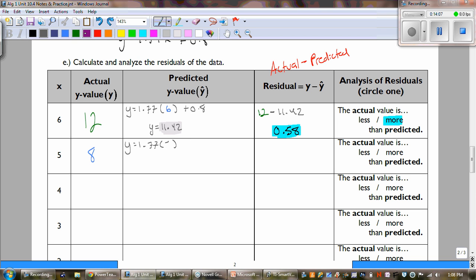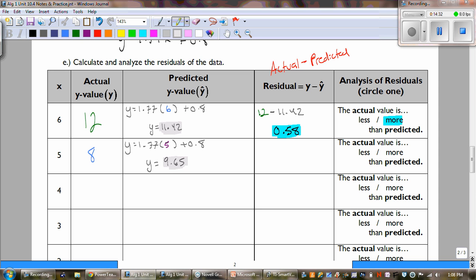Oh, let's do a different color so we know that's what we're plugging in. Plus 0.8. What did you guys get? Did you guys get 9.65? That's what I got.